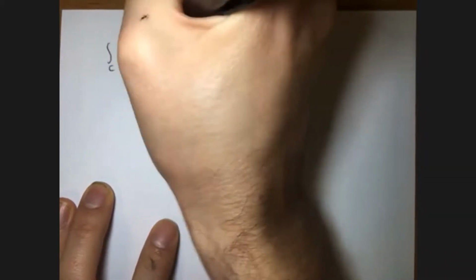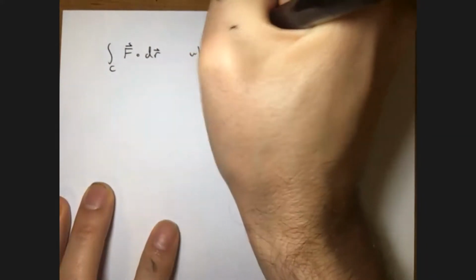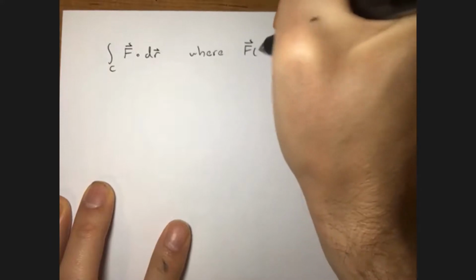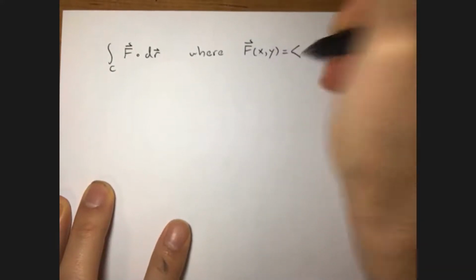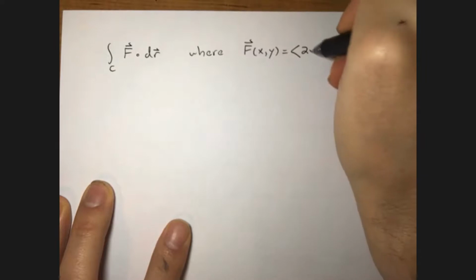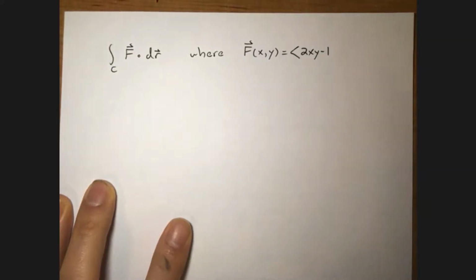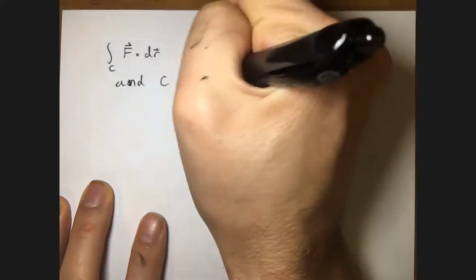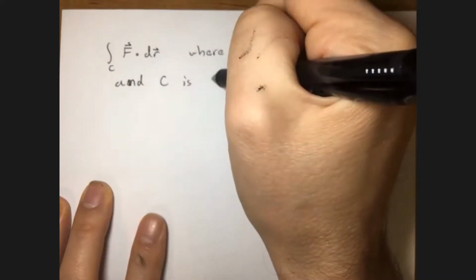All right, so let's do the integral of F dot dr, where F is the vector field, 2xy minus 1, comma x squared, and C is shown below.